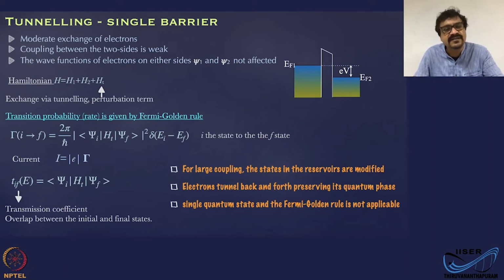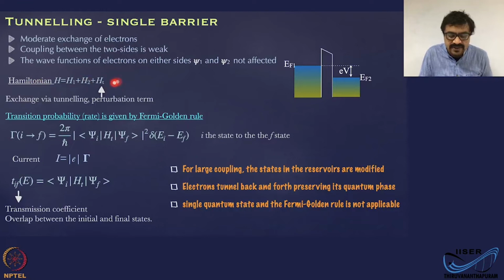What that means is the wave functions of electrons on either side, which are psi1 and psi2, are not very much affected by this coupling. They are still the same. They don't change. The electron states on the source or drain side are not going to change much by this coupling, by this tunneling process. Okay. So in that regime is what we are going to apply all our mathematics or all our concepts.